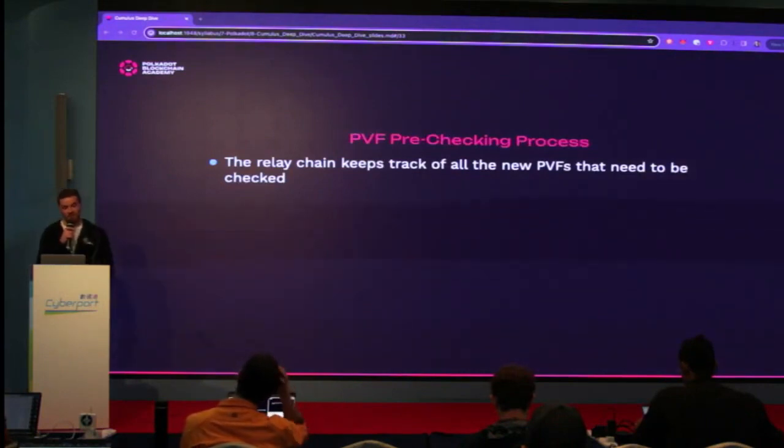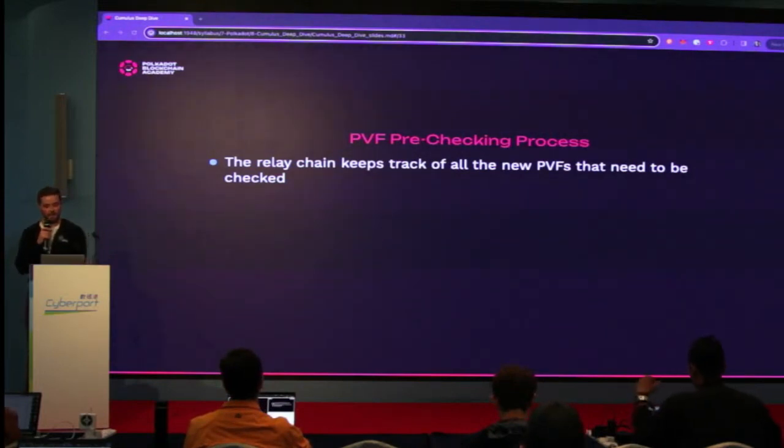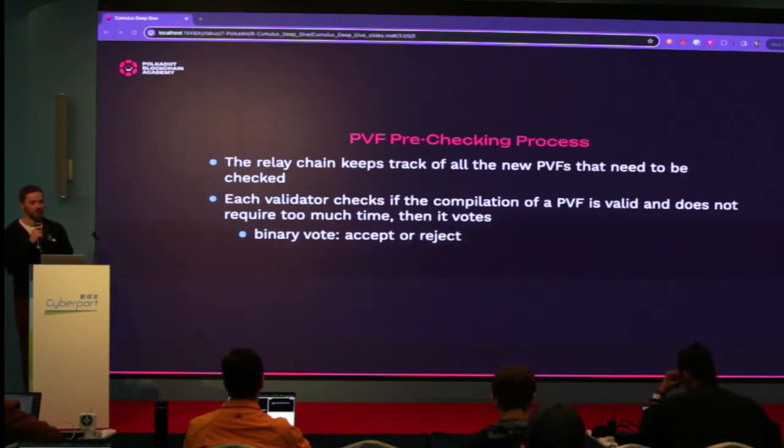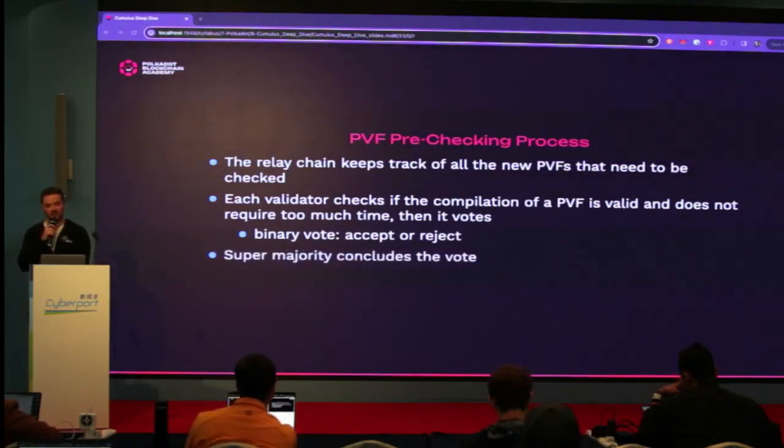All right, so this pre-checking process has a few steps. The relay chain keeps track of all the new parachain validation functions that need to be checked. Then each validator checks if the compilation of a PVF is valid and does not require too much time, then it votes. It's a binary vote to accept or reject the proposed PVF, and a supermajority concludes the vote.